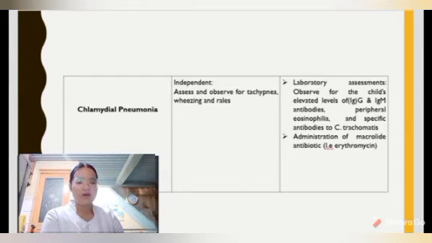For the medical or laboratory interventions or medications, we have to do laboratory assessments in order to observe for the child's elevation in the levels of immunoglobulin G and immunoglobulin M antibodies, and for the elevation of peripheral eosinophilia and the specific antibodies of C. trachomatis. And then next we have the administration of macrolide antibiotics, such as erythromycin.